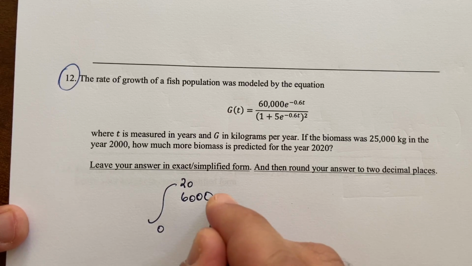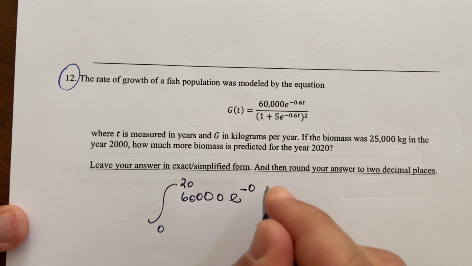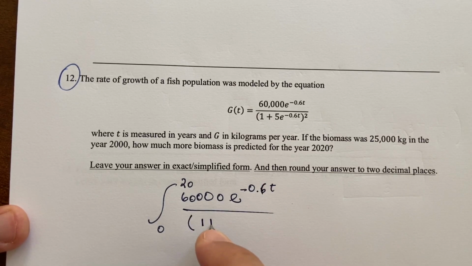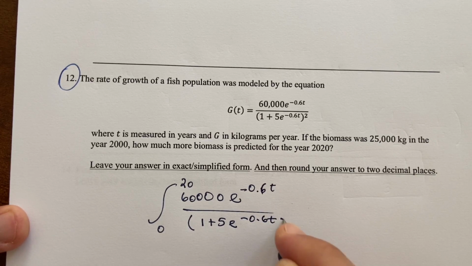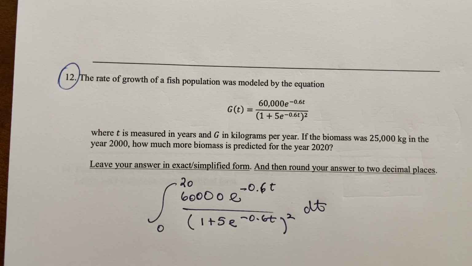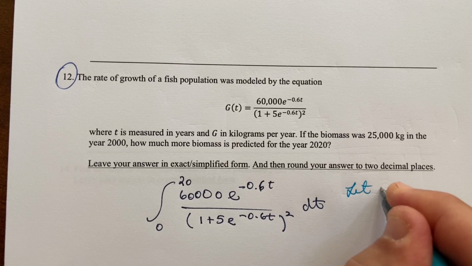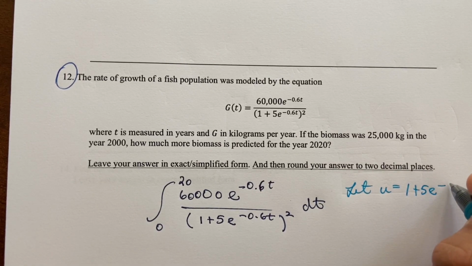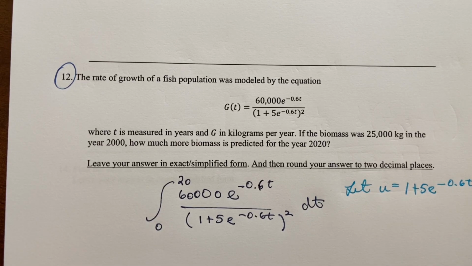this given function, 60,000 e raised to the negative 0.6t over 1 plus 5 e to the negative 0.6t, squared, dt. So what I'll do is make a substitution. So I'll let u equal 1 plus 5 e to the negative 0.6t.